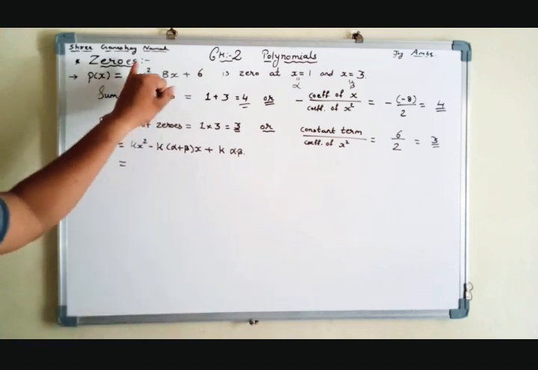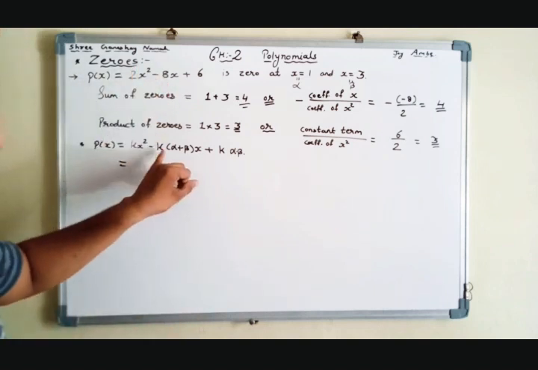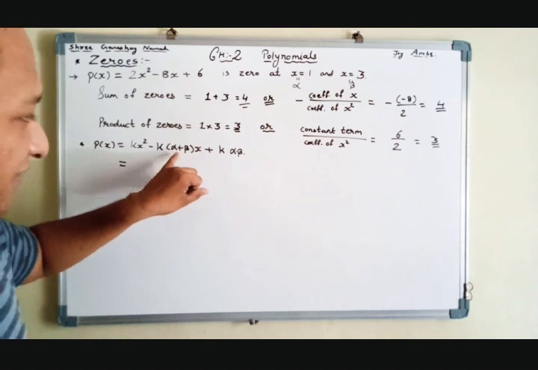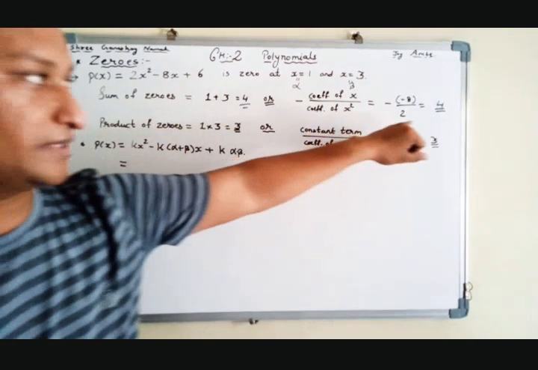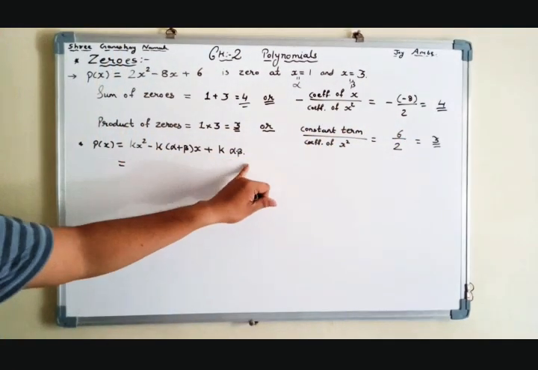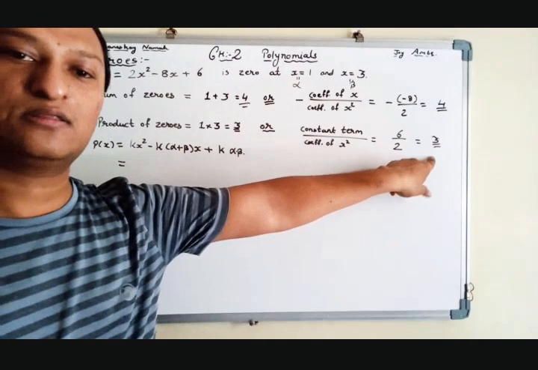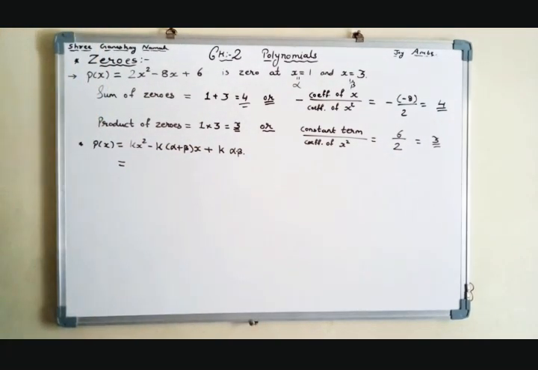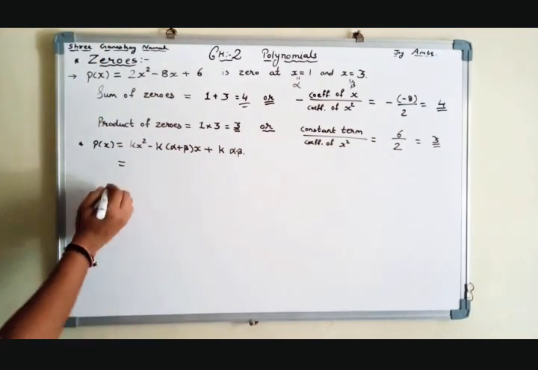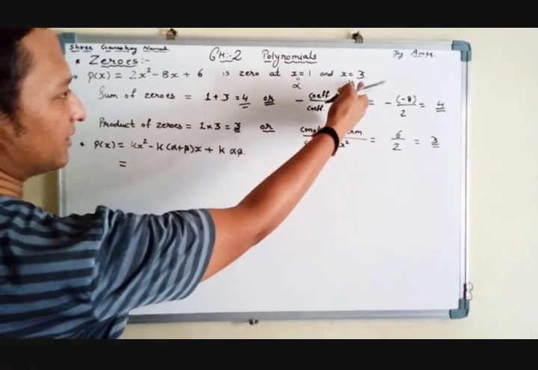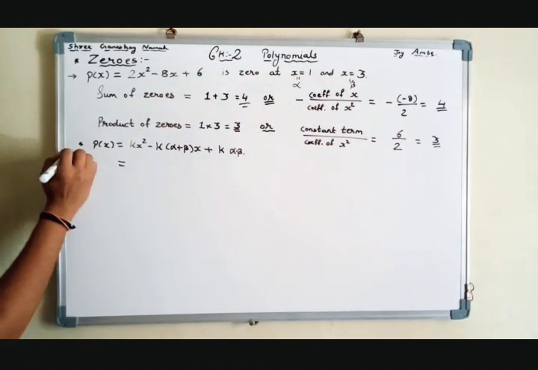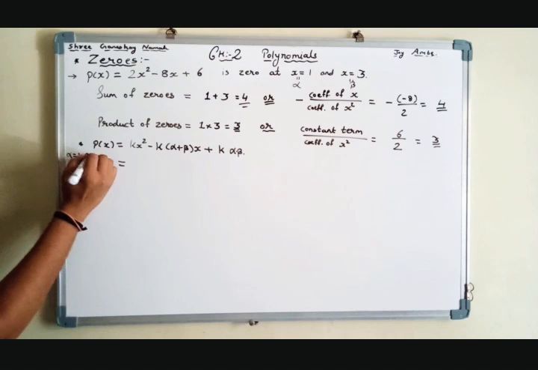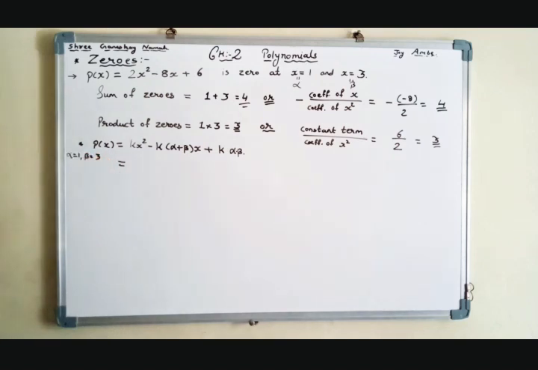Kx square means 2x square, minus k(alpha plus beta)x. Now what is alpha plus beta? That is the sum of zeros, that is 4. And alpha into beta, the product of zeros, is 3. So here our alpha is 1 and beta is 3.